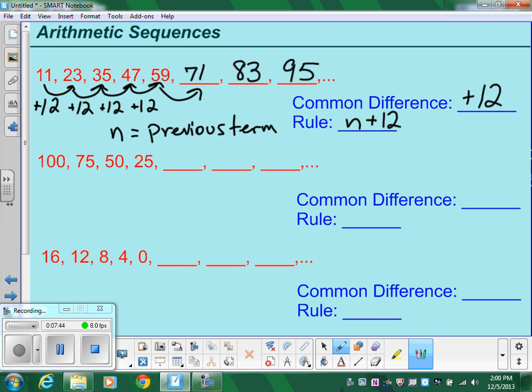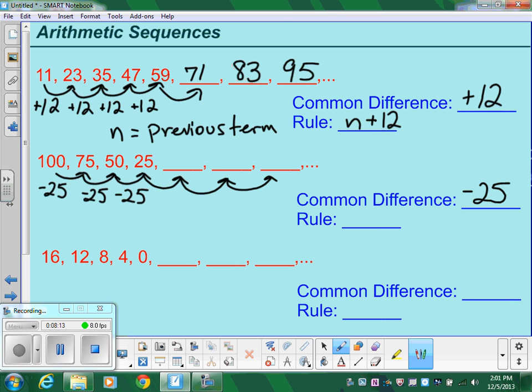In the second example, there is a change of 25 from term to term. Specifically, in this case, it's a decrease of 25, which means that our common difference is -25. So continue with the common difference to complete the pattern.